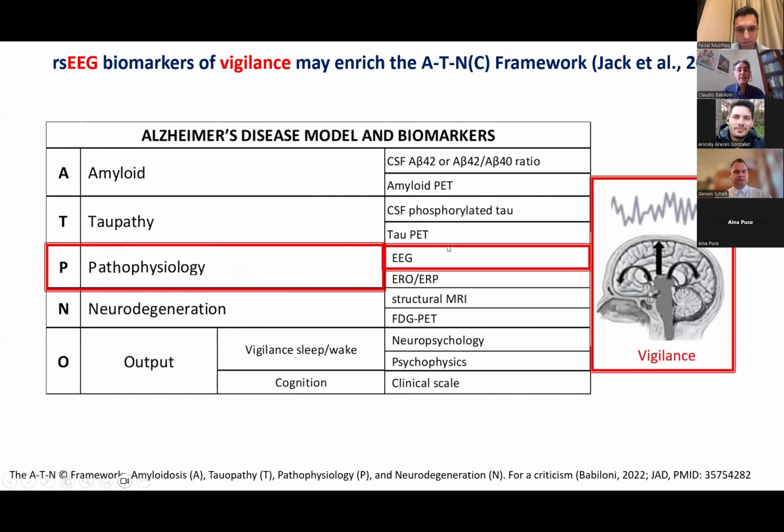And so I can conclude that in the panel of biomarkers for Alzheimer's disease, for example, sampling cerebrospinal fluid and measuring a beta amyloid or phospho-tau, or with PET, amyloid PET or tau PET, and structural magnetic resonance imaging for atrophy and neurodegeneration, one should use resting state EEG, the Berger's resting state, eyes closed and eyes open EEG, to map the abnormalities in the ascending system regulating vigilance.